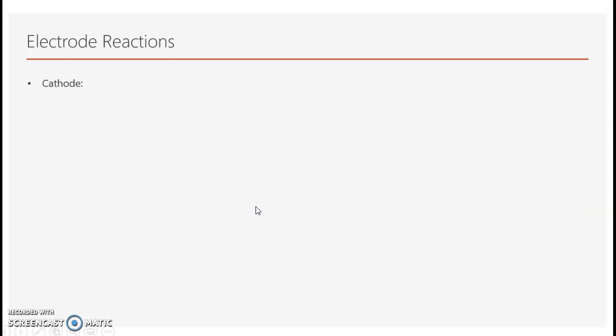See the electrode reactions. At the cathode, sodium ions Na plus electrons give sodium metal. At the anode, Cl minus removes electrons and forms chlorine atoms, but chlorine atoms are unstable, so two chlorine atoms combine to form a chlorine molecule, Cl2.